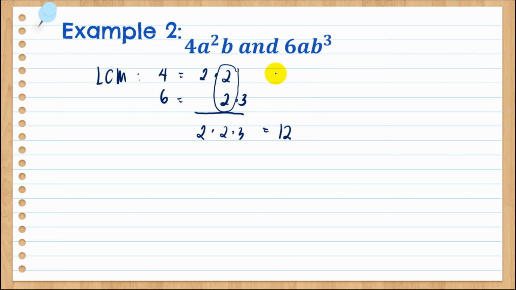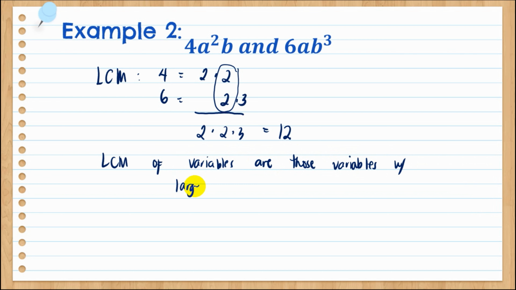So, that's LCM. Now, for the variables, tandaan nyo po, ang kukuhanin nating LCM ay yung may greatest exponent or largest exponent. LCM of variables are those variables with largest exponent.